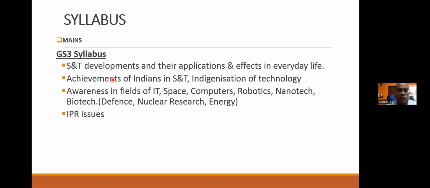When we underline this line, it simply means significant technological developments. The word significant is not there, so by decoding the syllabus, we need to add that word. Significant in world perspective and significant in Indian perspective.